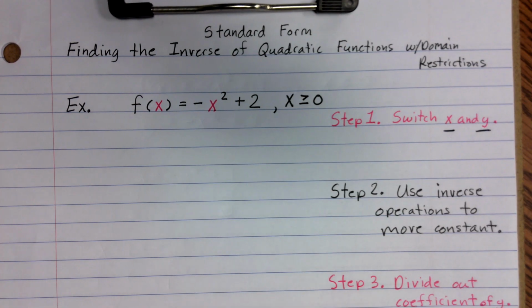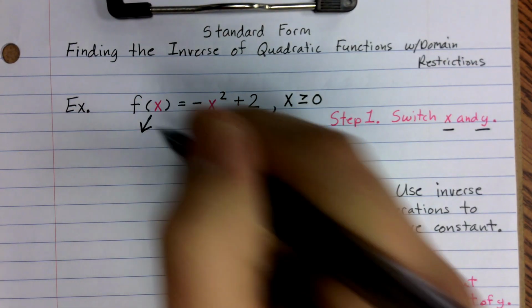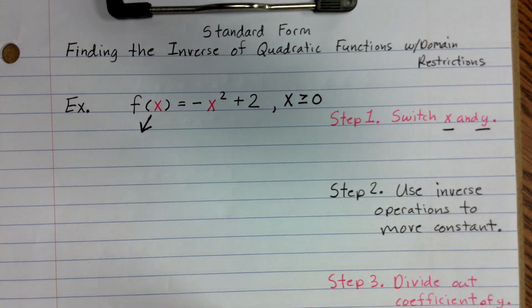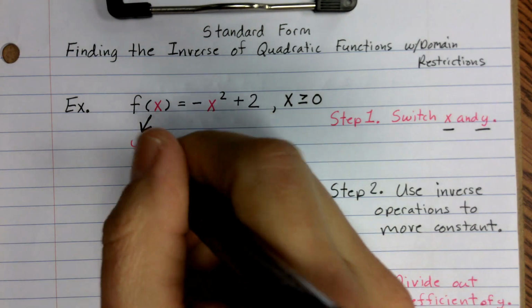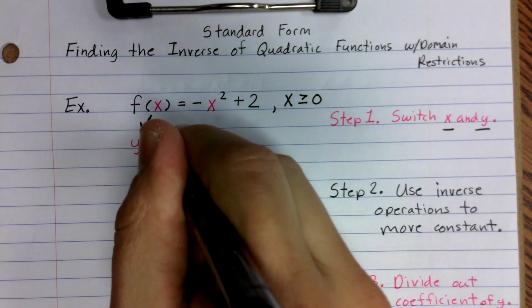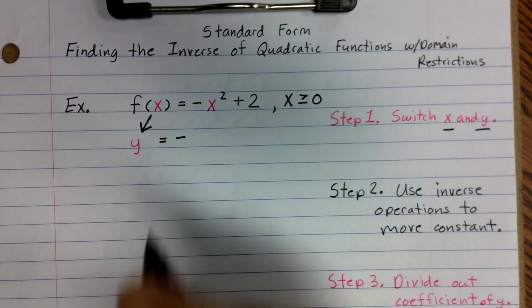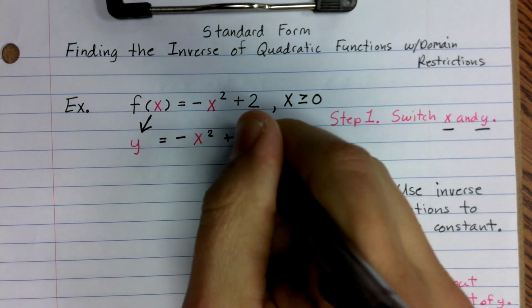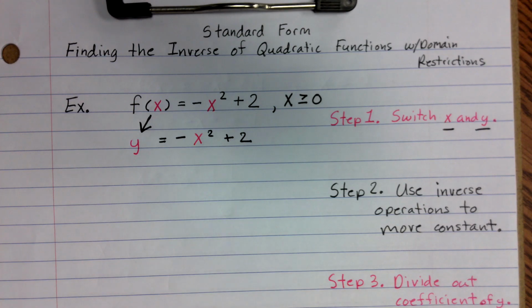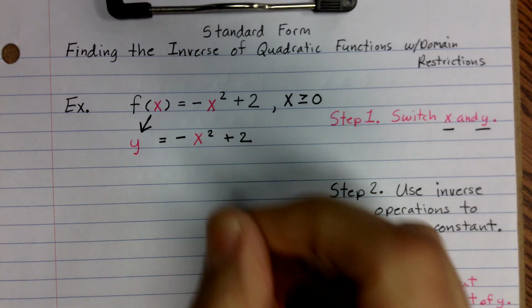get the inverse. Now what I like to do is I'm going to go ahead and change f of x to a y, because that's going to be my y variable. So now that I have y, I'm going to put equals negative x squared plus 2. Now at this point we're ready to switch the x and y.